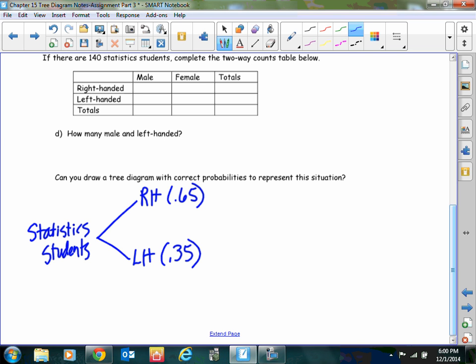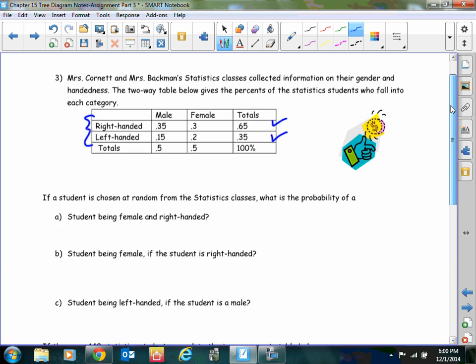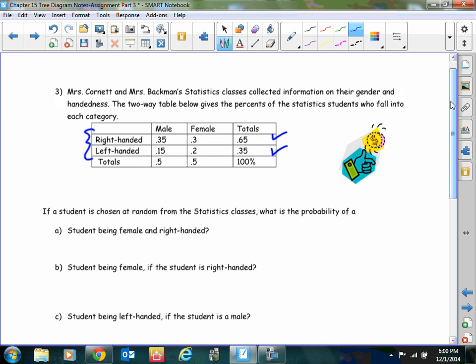Now I need to split into male and female, and this is where it gets tricky. Male and female, and then the left-handed males and females. The weird thing about this, and if you were able to figure it out, that is amazing, wonderful. But what I have to see is that, all together, the right-handed males are 0.35.